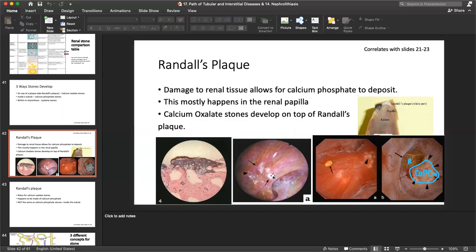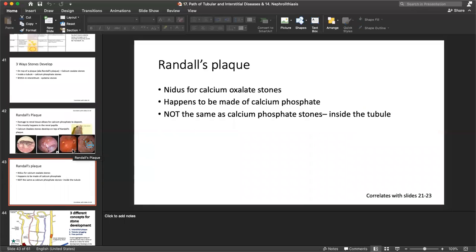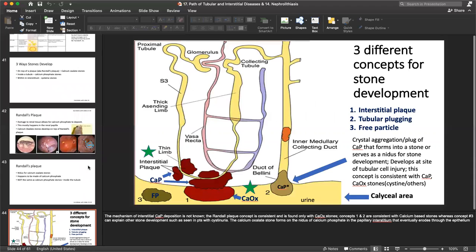On top of that calcium phosphate, a calcium oxalate crystal develops, on top of that Randall's plaque. You can see right here. So the interstitium is for calcium oxalate stones, and the plaque itself is made out of calcium phosphate, but the calcium oxalate sits on top. I know it's kind of confusing.